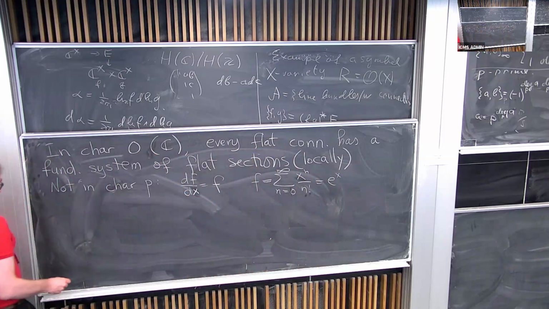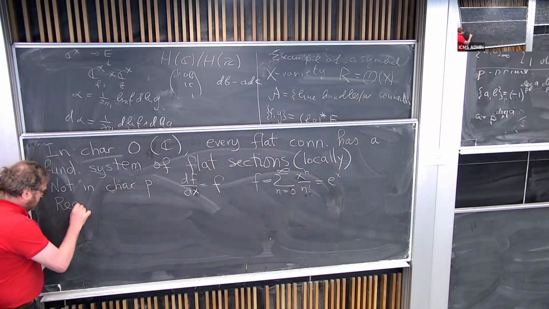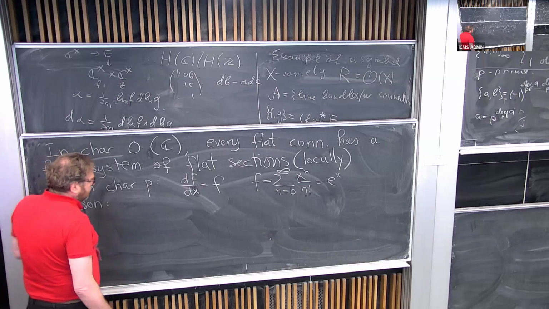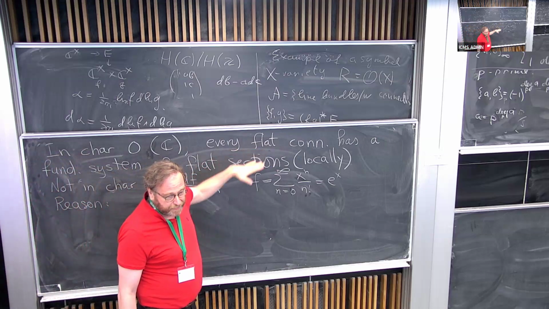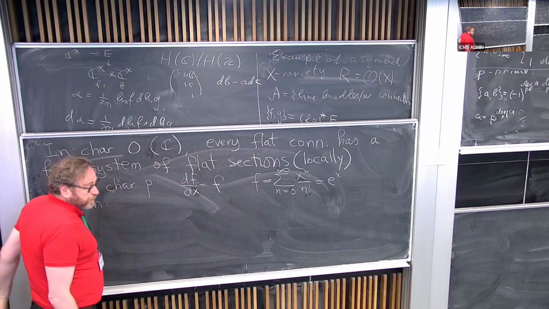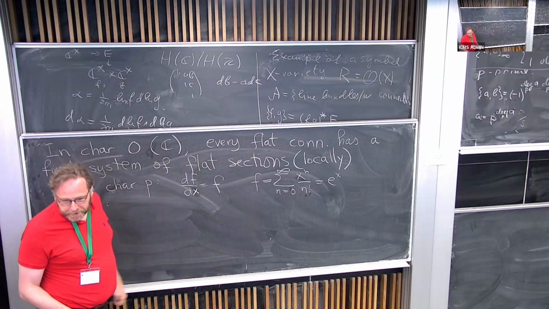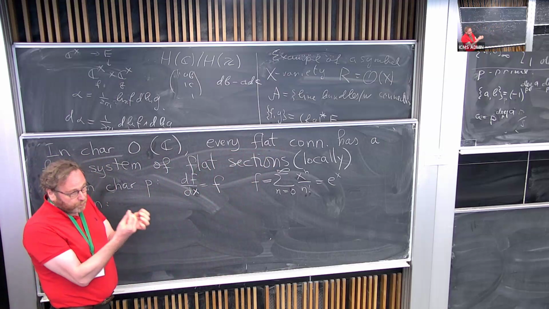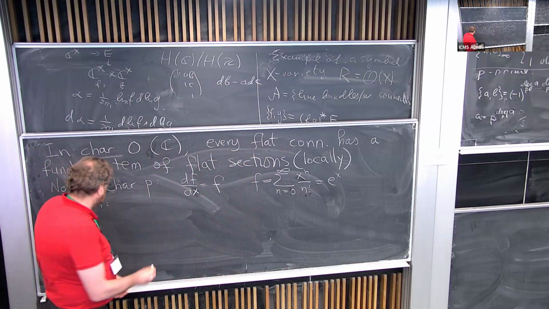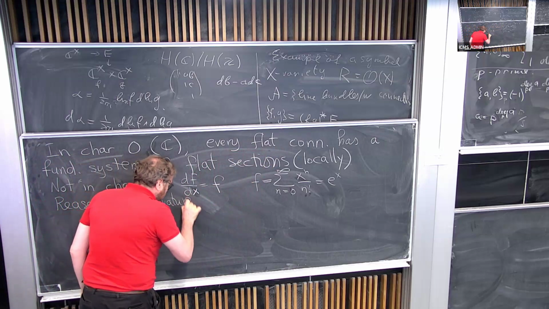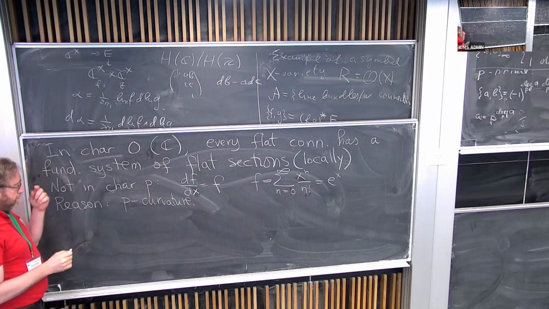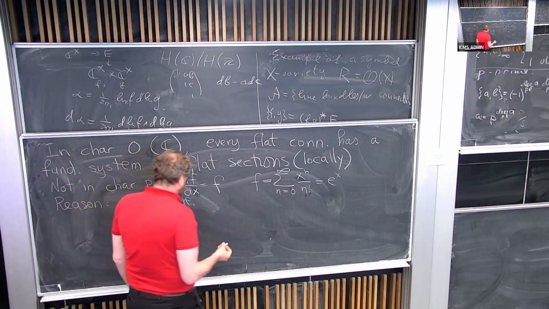And the reason for this is that besides the usual curvature, which vanishes if your connection is flat, connections in characteristic p have an additional kind of curvature called p-curvature, which occurs already in one variable. This p-curvature is the following thing.